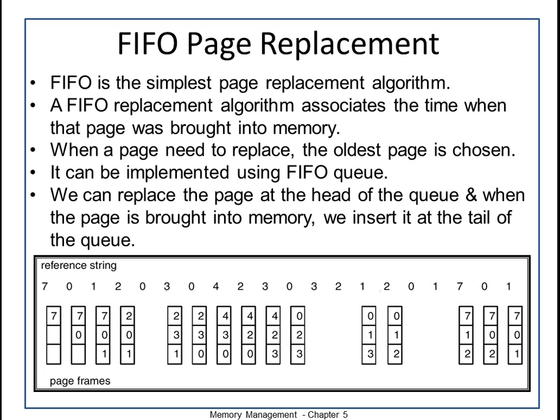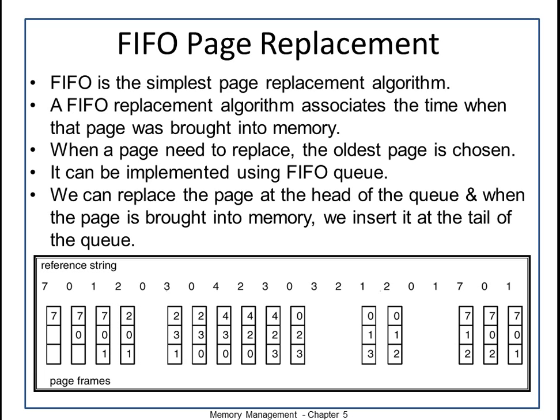The second page required by the processor is 0. So it will be stored in the second frame. And the third page required by the processor is 1, which is not there in the main memory. So it will be stored in the third free frame.